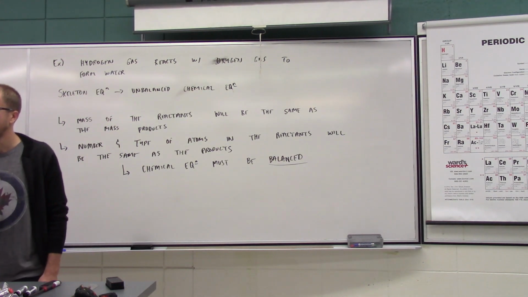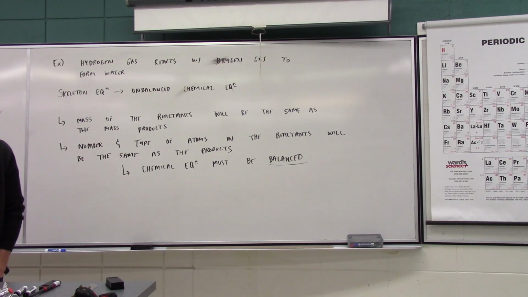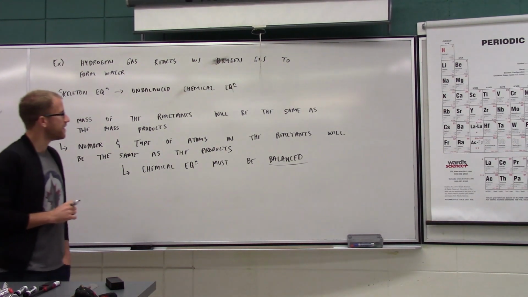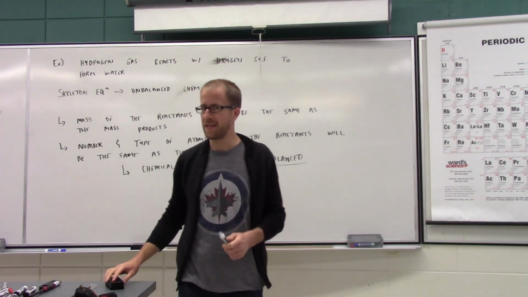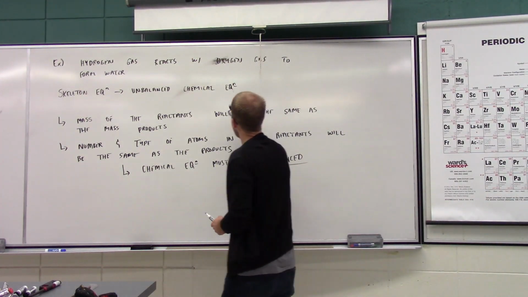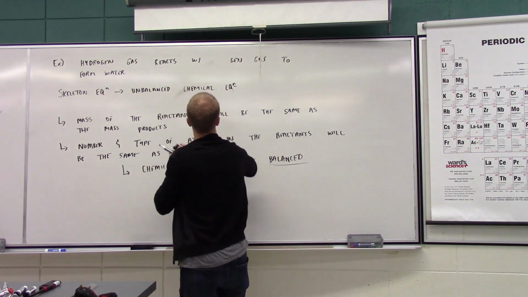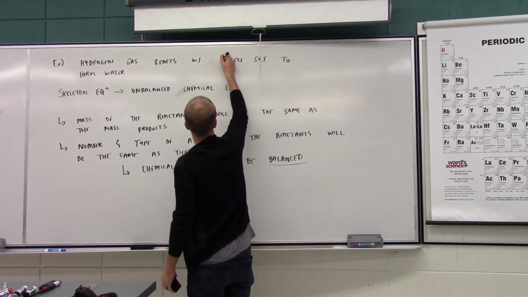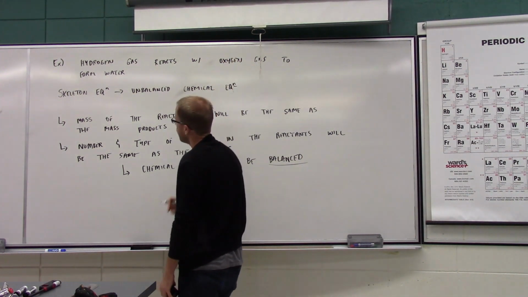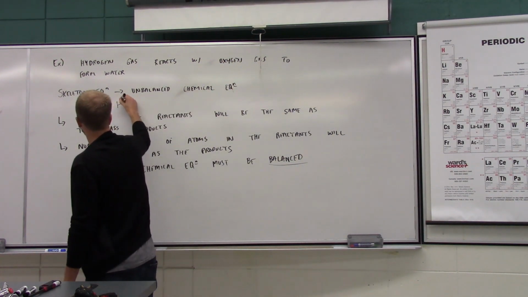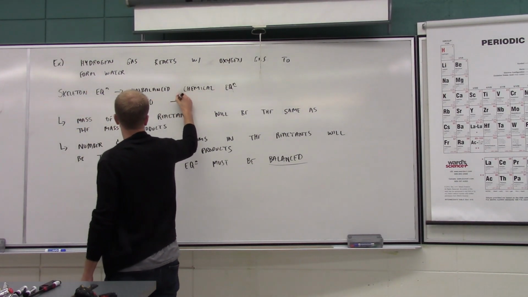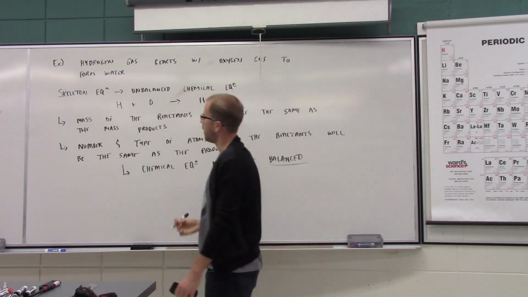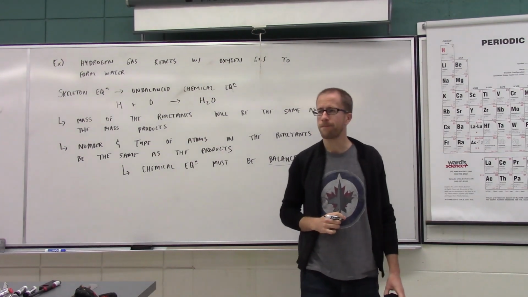Yes? H2 plus O2 equals H2O. Excellent. I love that you said H2 and O2. Why is it not H and O? Why is this wrong? H plus O gives you H2O. Why is that wrong? Yep.